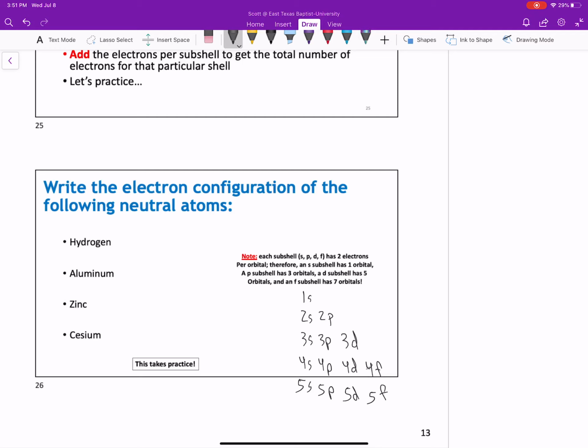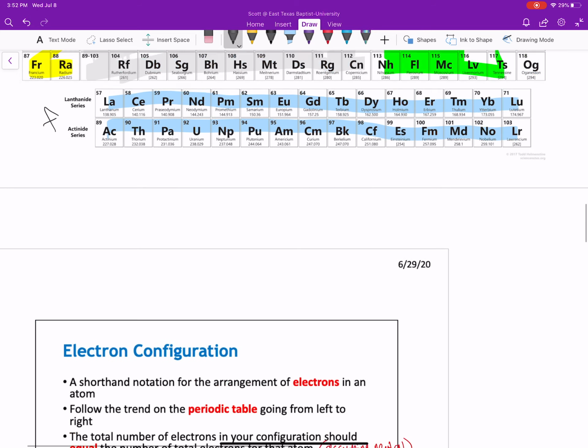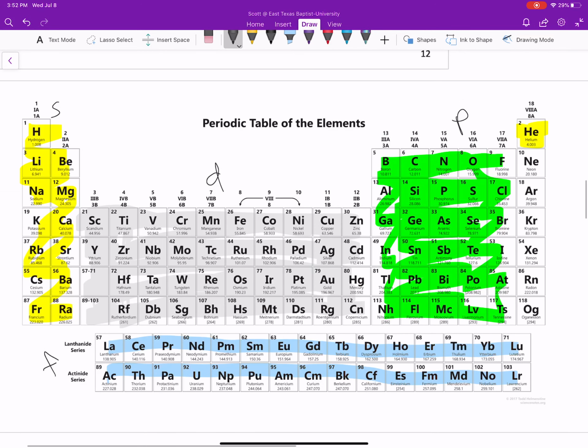So hydrogen. Hydrogen's the very first element on the periodic table, located right here. And you'll notice that it's in the upper left-hand corner, so that's going to be the S subshell. And that each S subshell can only hold 2 electrons. But this one is not holding 2 electrons, is it? Because it's just the very first one going from left to right according to our rules. So hydrogen's real easy.